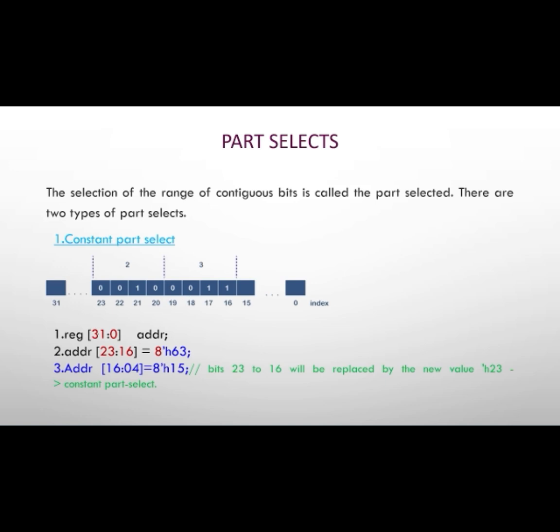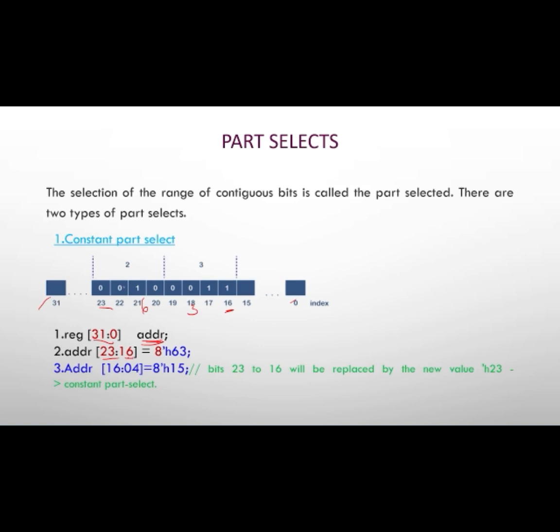If you see here, this is my particular register named address, and it has 32 bits, 0 to 32 bits. In this, from 23 to 16th bit, I want to store the value 6 3.